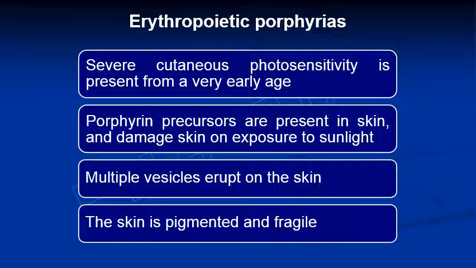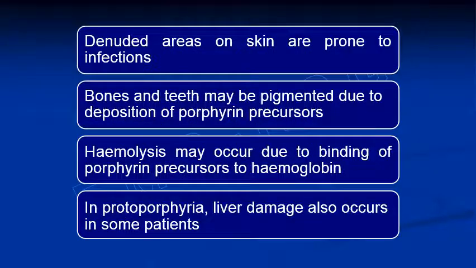When their skin is exposed to light or sunlight, the skin will be damaged. There will be vesicles formed on the skin which will erupt. Skin will become very fragile and pigmented. There will be areas of the skin which are denuded. They will be more prone to infections. Some patients may also have bone and teeth involvement, which will be pigmented, mainly due to deposition of porphyrin precursors.